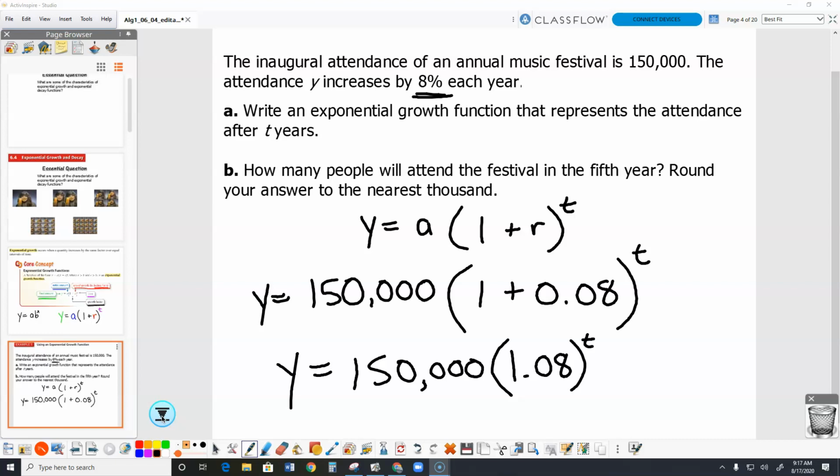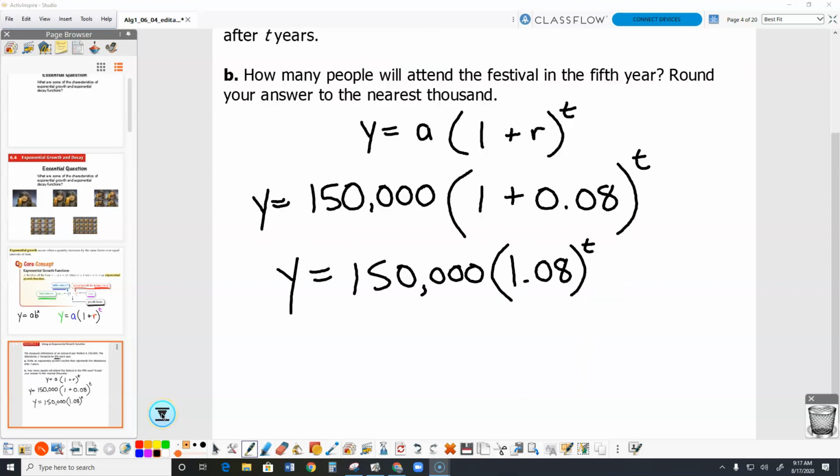Now, part B. How many people will attend the festival in the 5th year? Round your answer to the nearest 1,000. Now, we have to be a little bit careful about this because the instructions say in the 5th year.